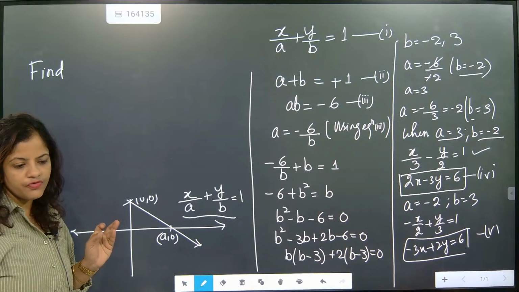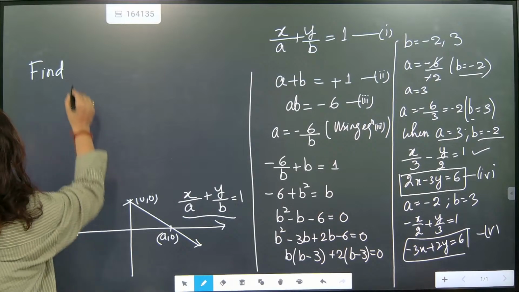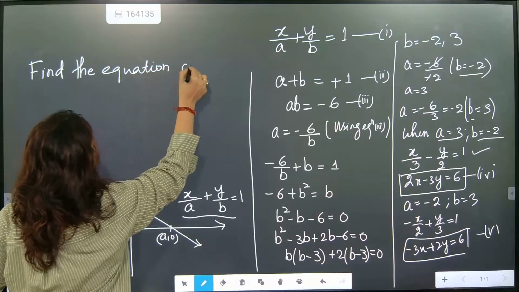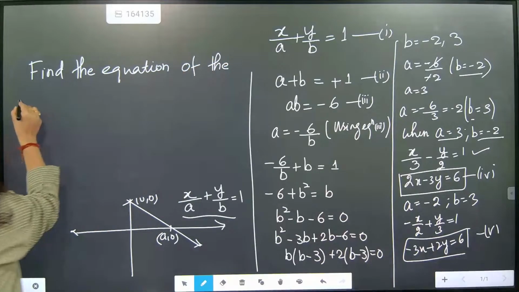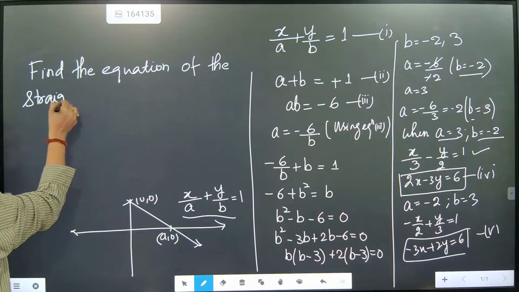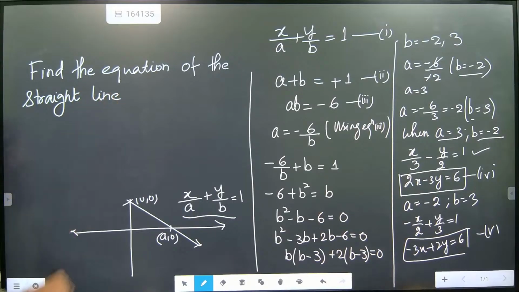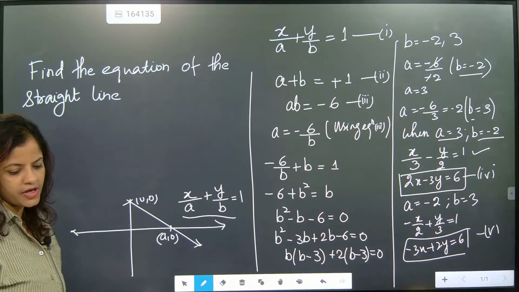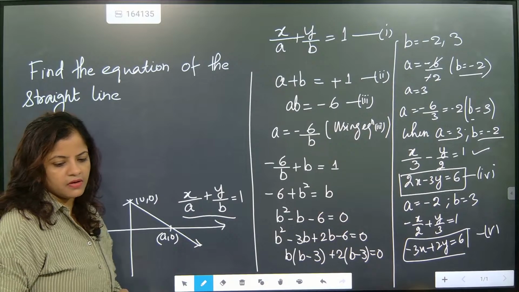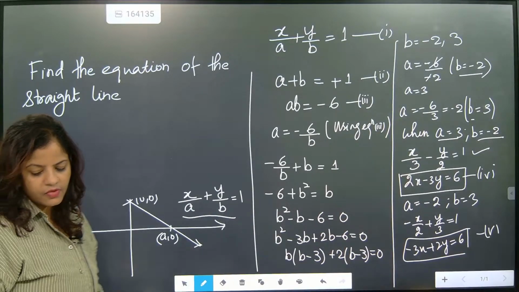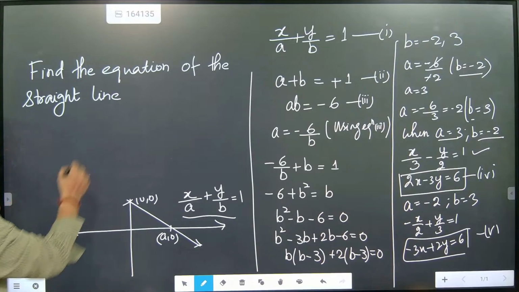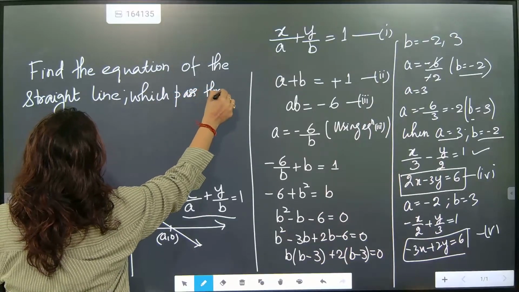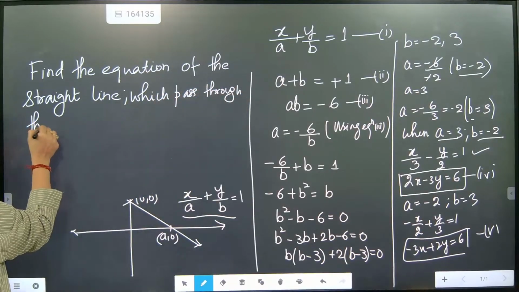Find the equation of the straight line, so you have to find the equation of the straight line which passes through the origin.